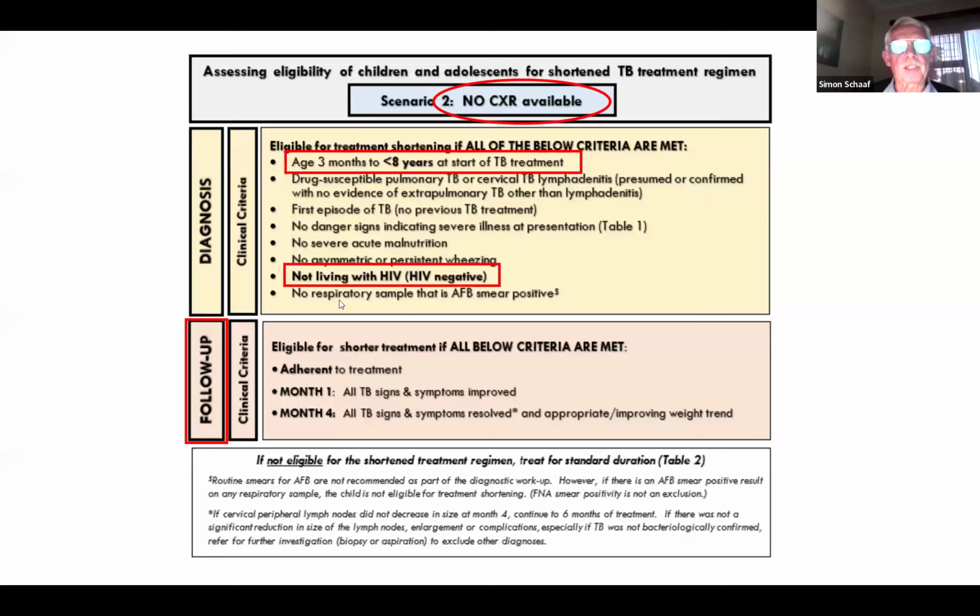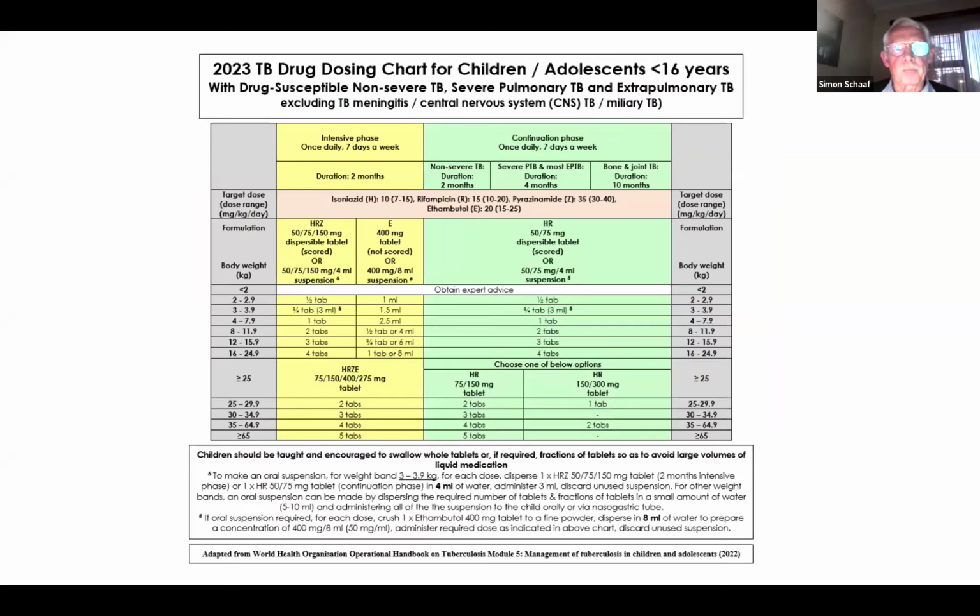And just a reminder that if a specimen was sent for microbiological testing, if it is AFB positive or smear positive, all of those children will be excluded from the non-severe tuberculosis, because you need about 1,000 to 10,000 organisms per milliliter of sputum or respiratory sample to have a positive acid-fast bacilli. So that is definitely severe disease. And the follow-up is the same.